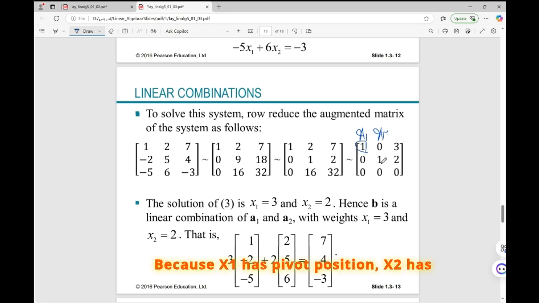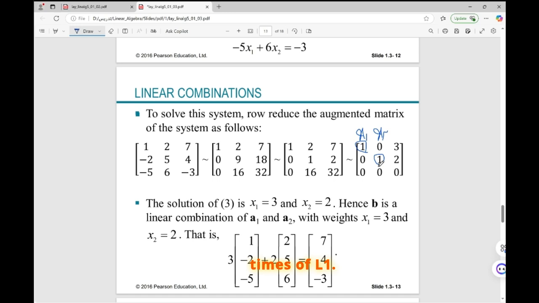Because x1 has a pivot position and x2 has a pivot position, we don't have non-pivot columns. Since we don't have free variables, we have exactly one solution. We don't have many solutions. In this solution, x1 equals 3 and x2 equals 2.